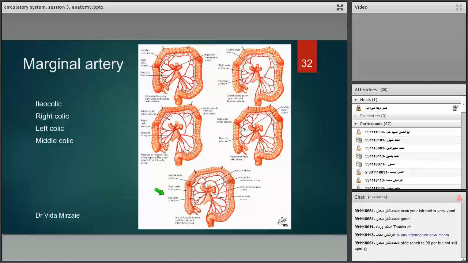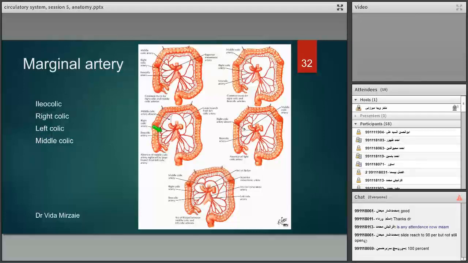I'm explaining the last slide, number 32. The marginal artery is forming from the ileocolic branch here, right colic here, middle colic here, and left colic.